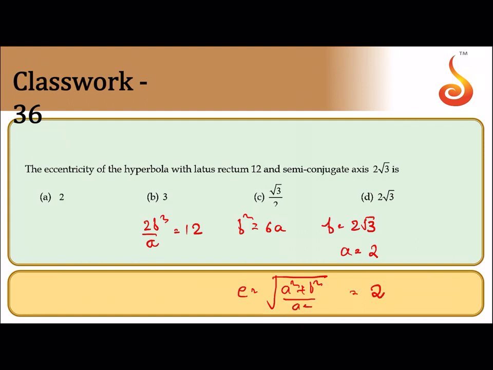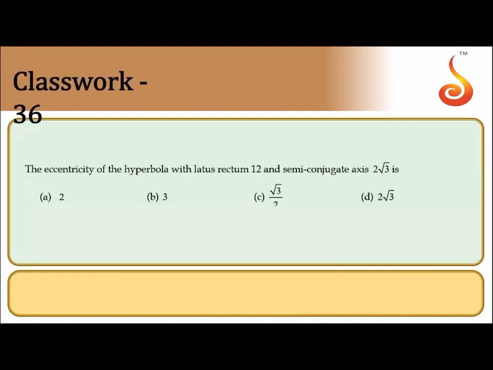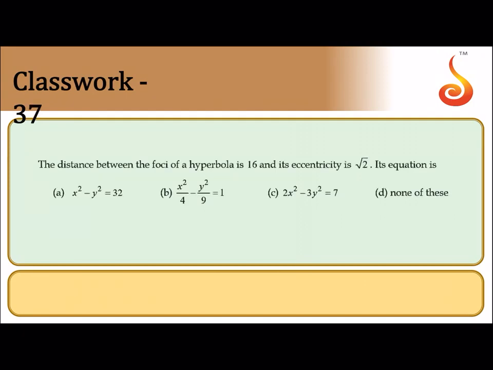So the eccentricity formula is under root of a square plus b square by a square. From this we get 2. Option A is correct.